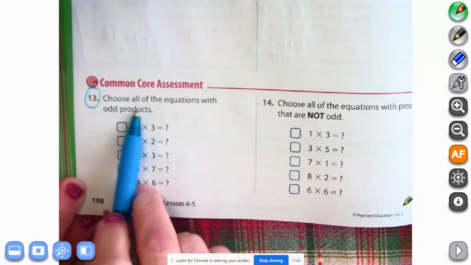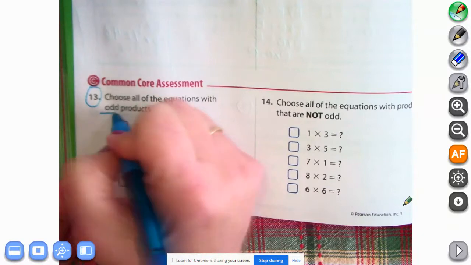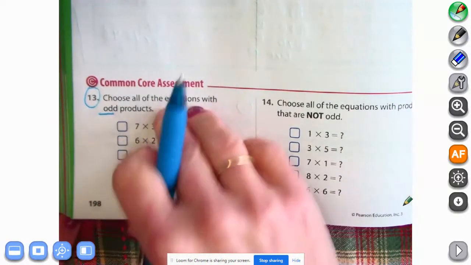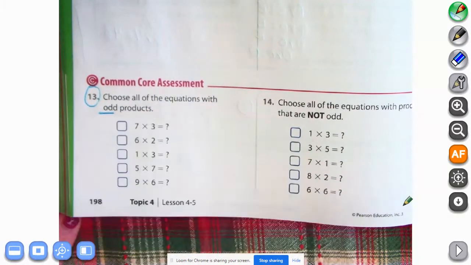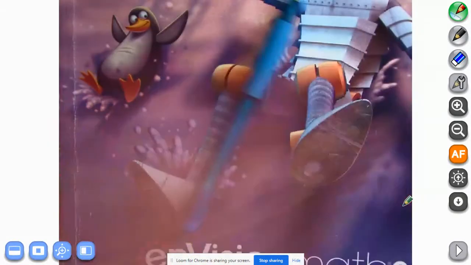Alrighty. And number 13, choose all of the equations with odd products. With odd products. Okay. You can always go back and look. We've written our little formula to see that can help you out. All right. And then we're going to correct our homework tomorrow.